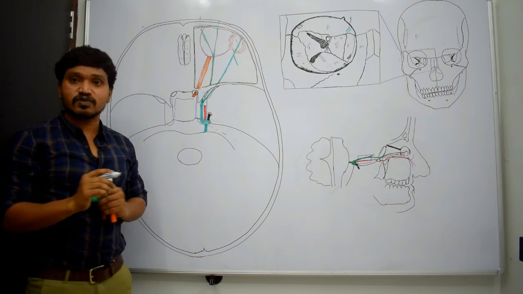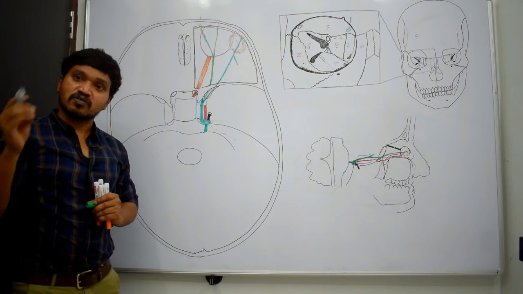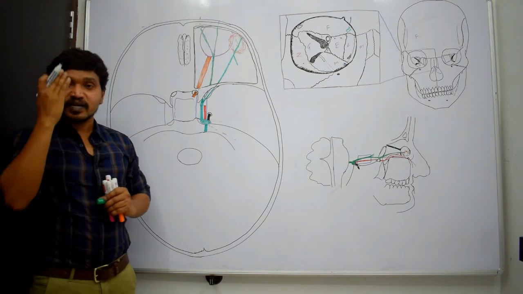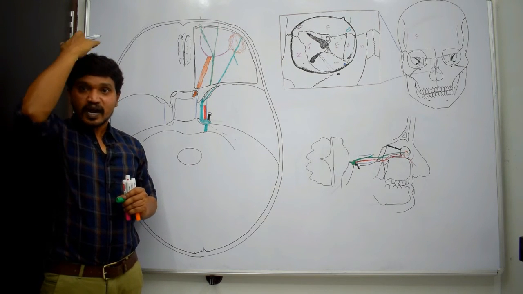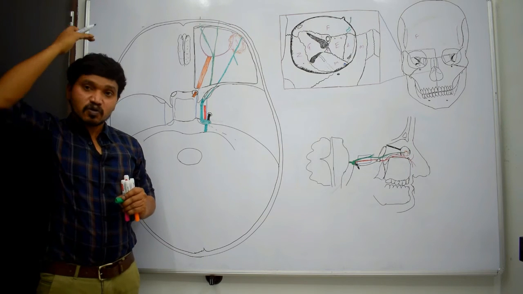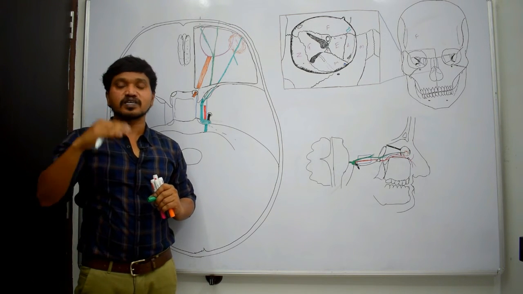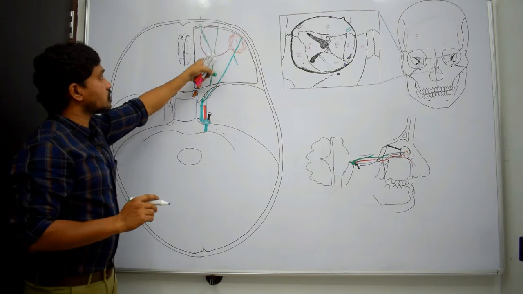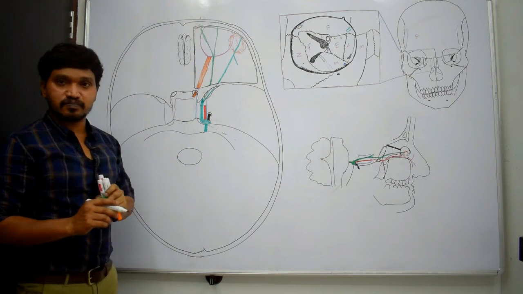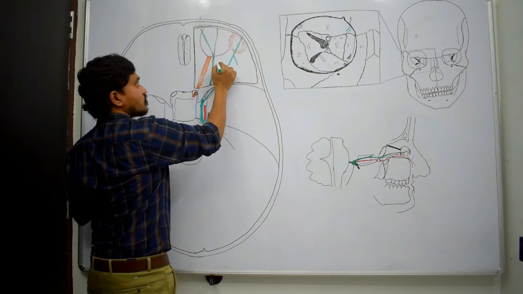Here the frontal air sinuses will be there, right? And it supplies the forehead and scalp up to the vertex. It may go up to the lambda also. Actually the forehead is common for both face and scalp. So that is about the supraorbital nerve. We completed the lacrimal nerve and frontal nerve.